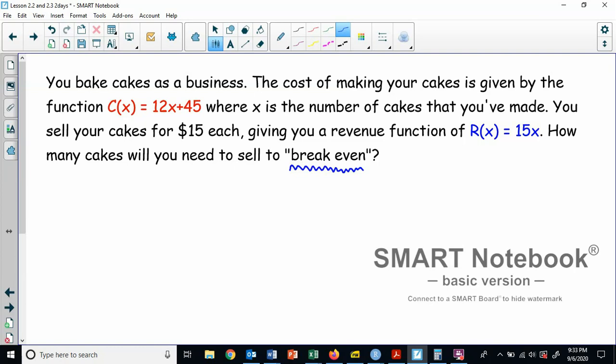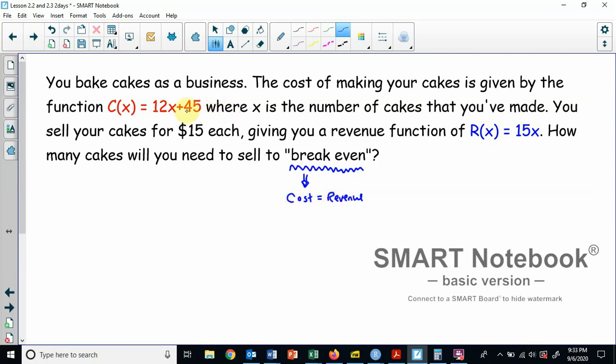You have to buy something, you know. So that's where the cost is, and then your revenue is how much is coming in. Breaking even is when you no longer are negative. So basically, that's when the cost equals the revenue. So that's when the next cake you sell will be a profit.